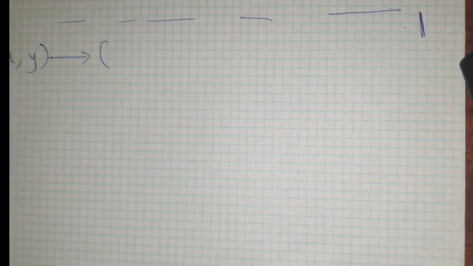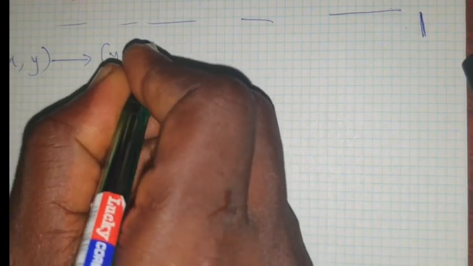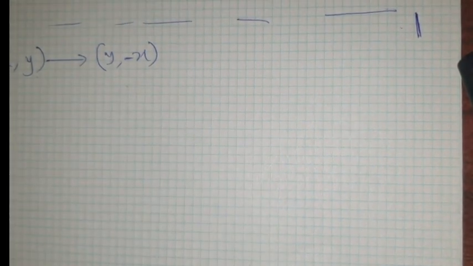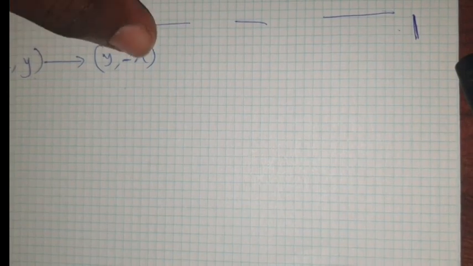Then the new y value will change in sign. So we have y comma x, but the new y value, which is x, will change its sign to negative. Even if it is minus, it will change to plus. So that is 90 degrees clockwise rotation.